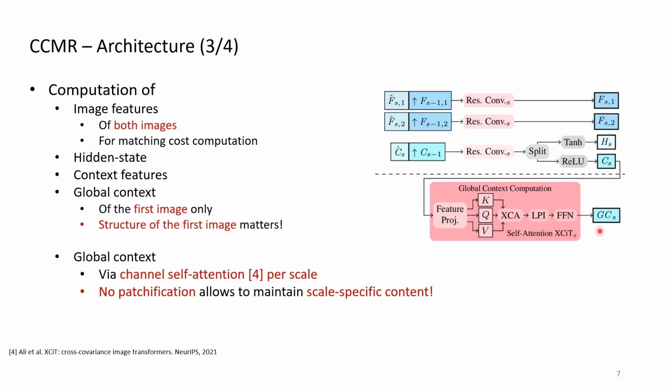Like this, we get our global context. Please note that unlike the approach of excite, the original approach, we do not explicitly patchify the input of our excite module. We directly process the context that we get at each scale, also for the fine and high resolution scales.